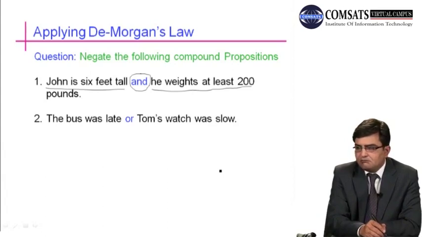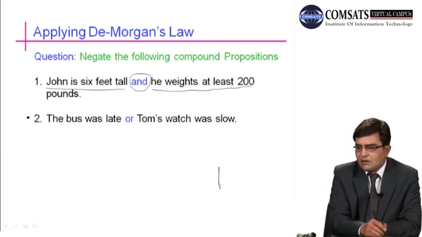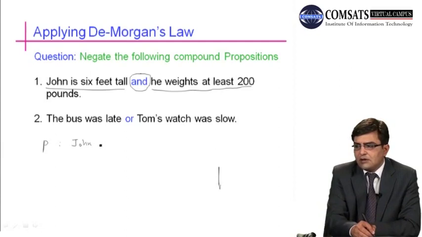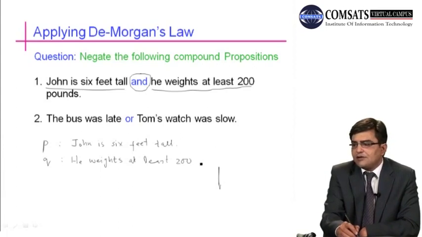Suppose P is the proposition that John is 6 feet tall, and the other proposition we suppose Q: he weighs at least 200 pounds.